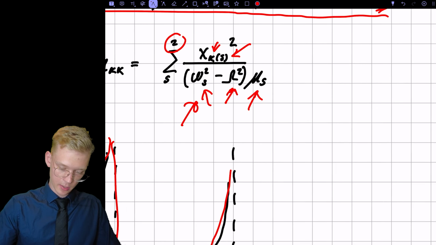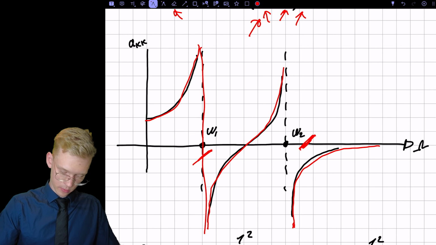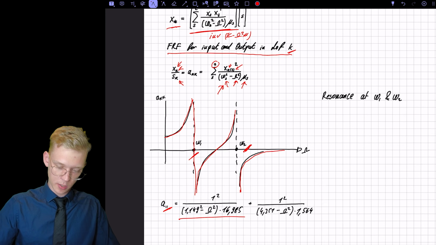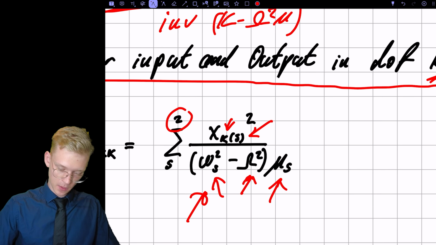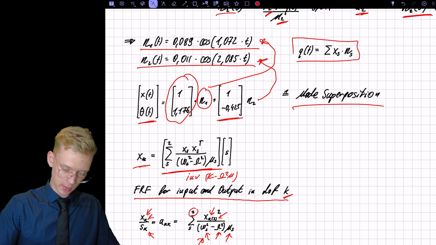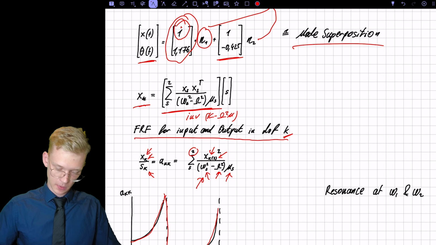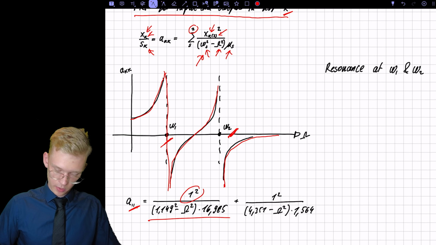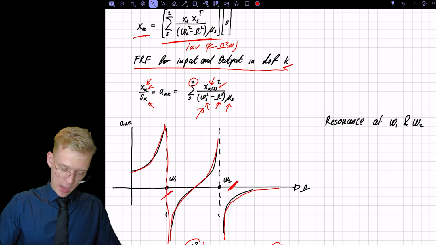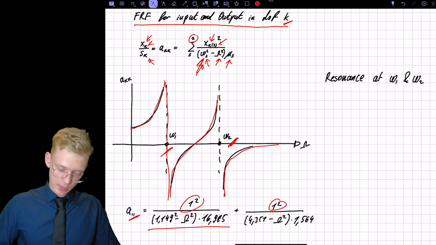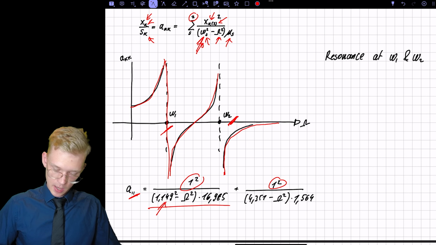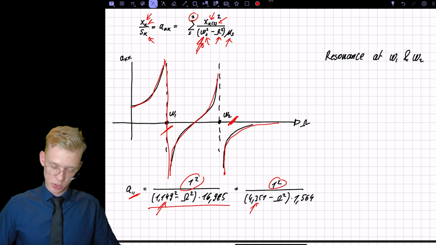So if we take a_1,1, where we took the first element, which in our case is a 1 right there. So we have a_1,1 and a_1,1 here. Then we have our first eigenfrequency, which is 1.1, and our second eigenfrequency, which is 4.